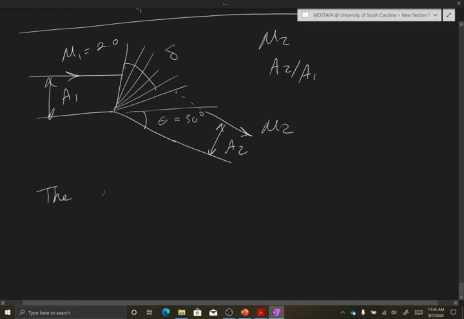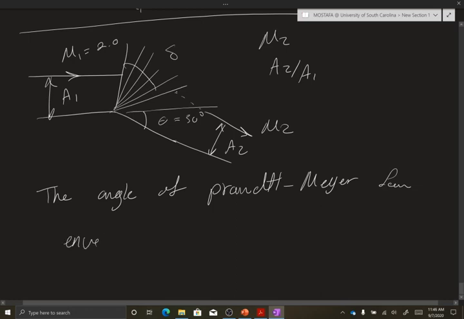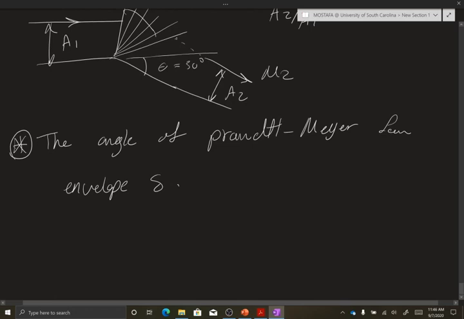Let me write it down. The angle of Prandtl-Meyer fan or wave envelope, which is this angle delta.